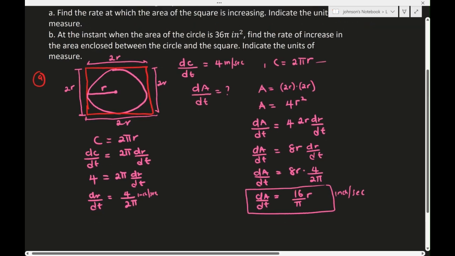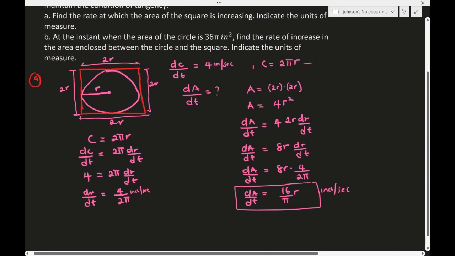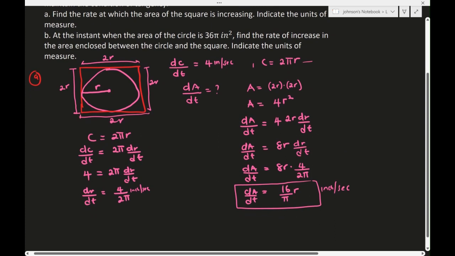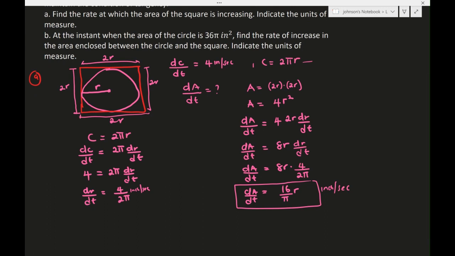Now, can we find what r is? If we can find r, then we can know what dA/dt is. But looking at the information we have, we cannot find r, because we don't have the area, we don't have the perimeter. Now, if you are dealing with perimeter, the perimeter is going to be 4 times the length of the square, which is 2r.